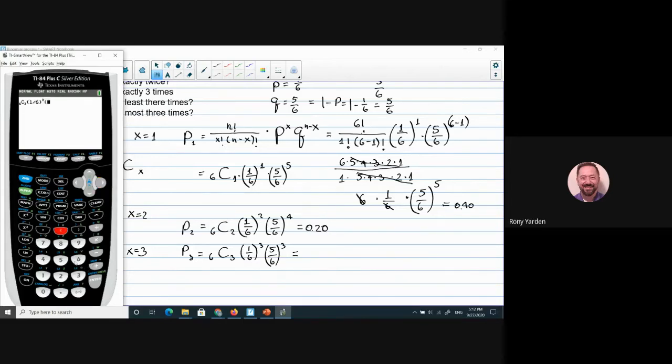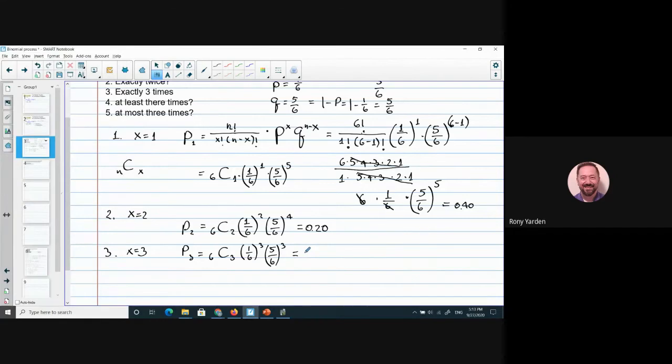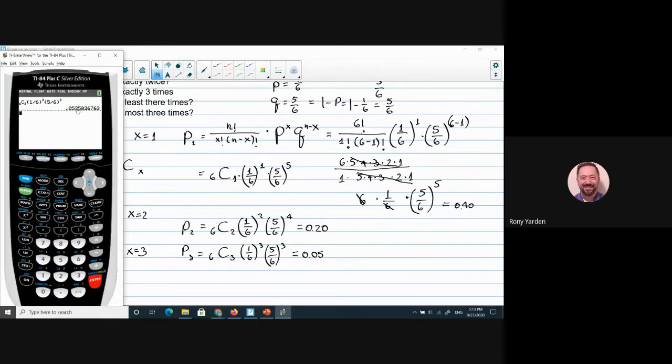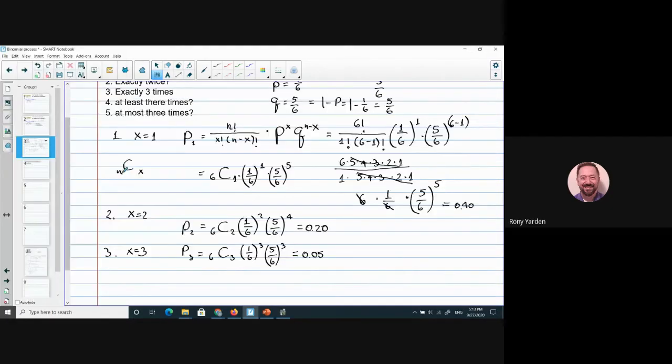Then parentheses, 5/6 and parentheses to the power of 3, and enter. And the answer is 0.05, rounded to the nearest hundredth. You can see that there is more than that, but if I round it by the 3, it's still 0.05. So we have the probability of exactly 1, exactly 2, and exactly 3.